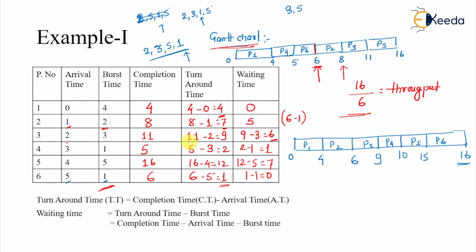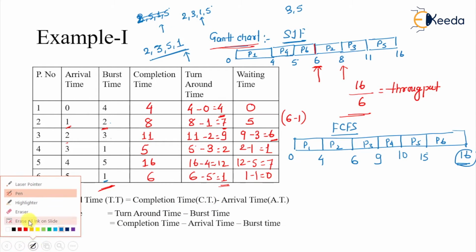See, it's not about throughput that you are going to have better. Throughput is the number of jobs that you complete in unit time. In FCFS you are completing in 16, and in SJF you also require ultimately the same, the maximum is 16. Now let's see the turnaround time.